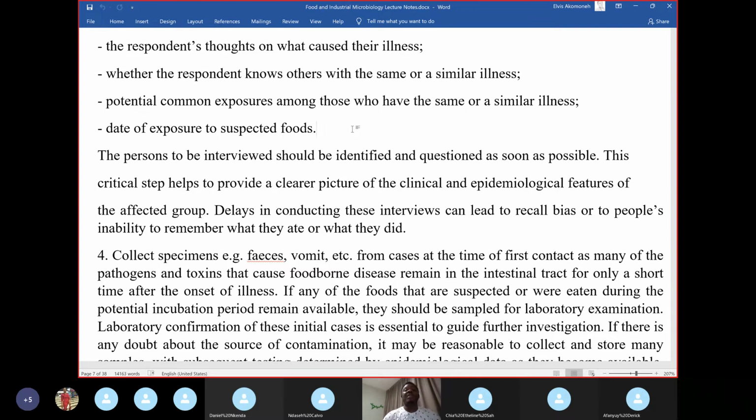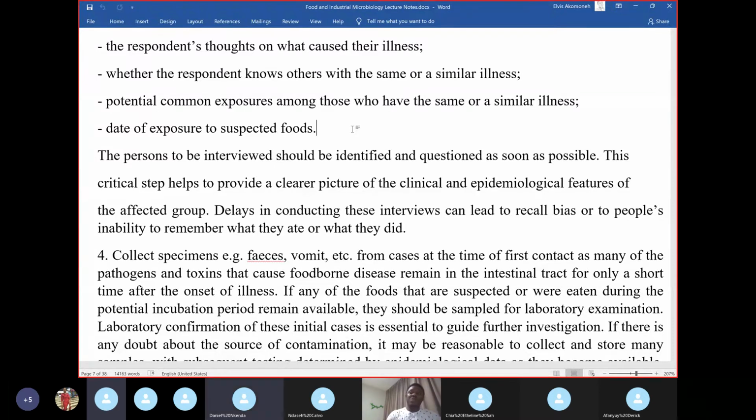Then we can also confirm the date of exposure. When did you eat this food? And if it is looking like the same day, then it will help us guide that maybe it's a contamination that occurred that day. It's not a common occurrence. And then, of course, if we remove that particular foodstuff from the market, it might contain the spread. But if it's a common occurrence, then we may have to stop by that place altogether.